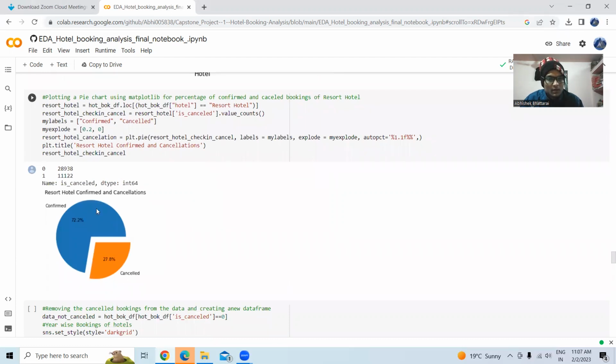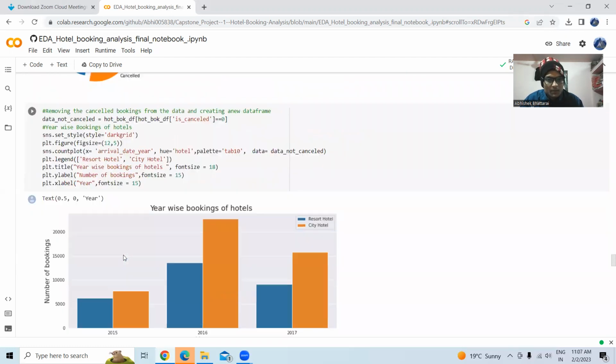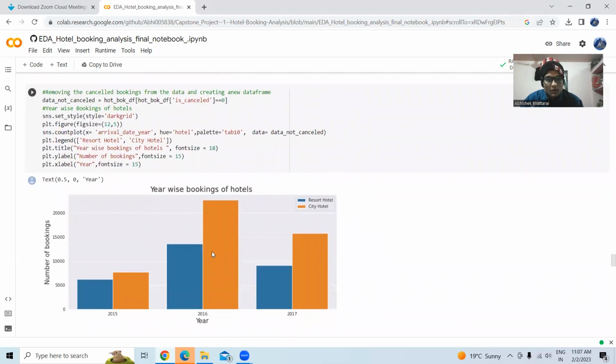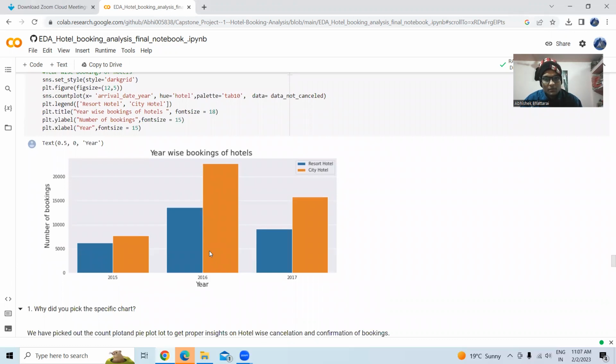Move down, and we see the cancellation and confirmation percentages, with 72.2% cancelled. For year-wise booking of hotels, you can see that 2016 was the year in which most hotels were booked, in both Resort and City Hotel. City Hotel has more bookings than Resort Hotel, but overall both have equally good bookings compared to 2015 and 2017. Yes.